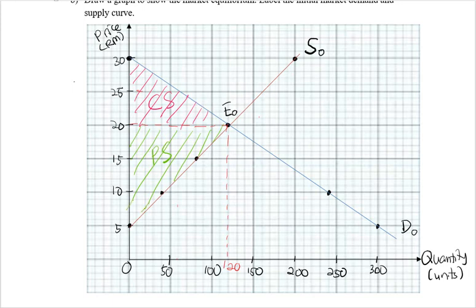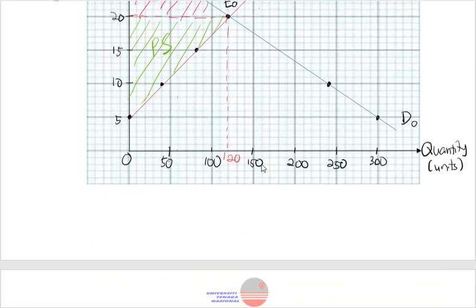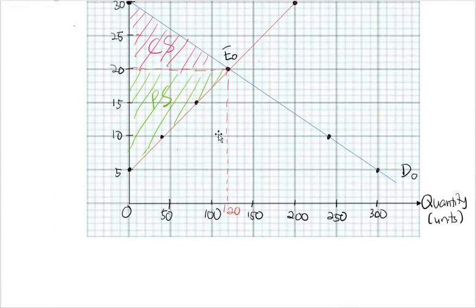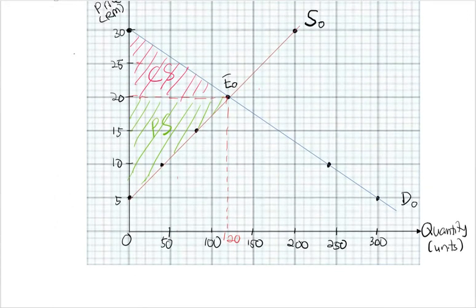So what you are going to do here is find the area of the triangles. Okay, so you find the consumer surplus first. Okay, so you do your calculation here. Consumer surplus is the area of a triangle, 1/2 times base times height. Okay, so the height is here 30, from 20 to 30, so that should be 30 minus 20, and the base is from 0 to 120.